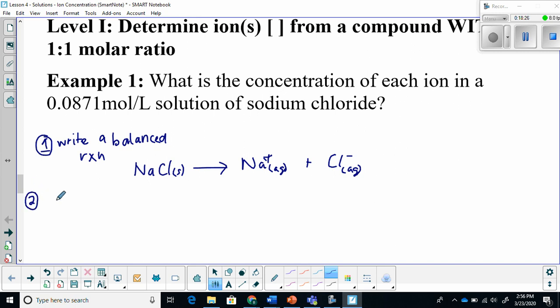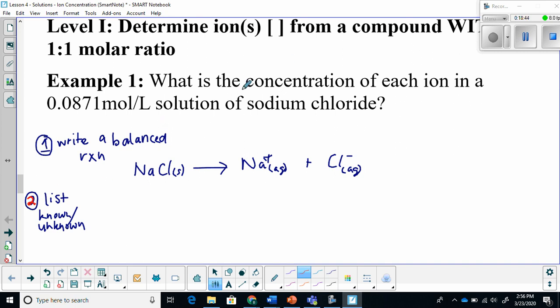Step 2, list known and your unknown. I should be doing this in a different color. Let's grab red. Okay, so step 2 is going to be in red.